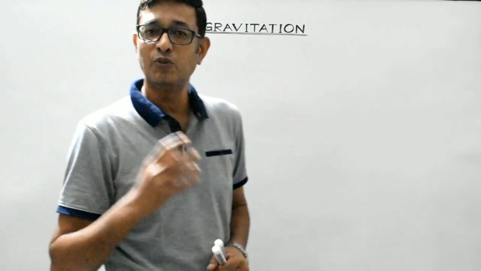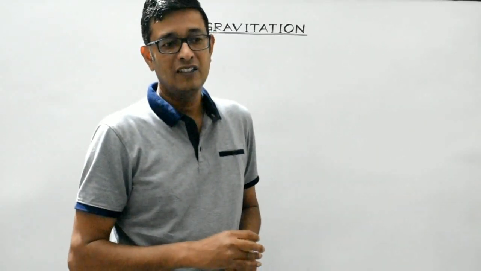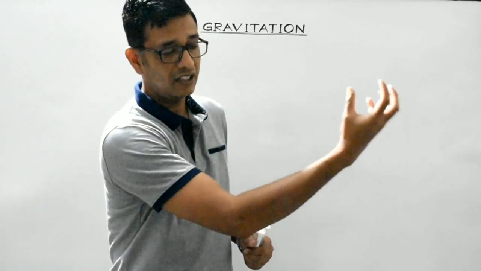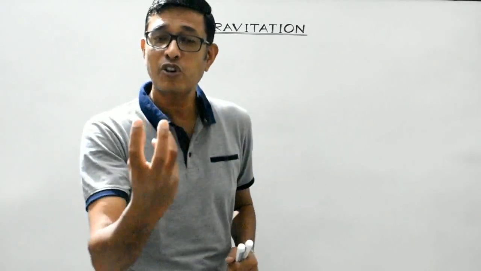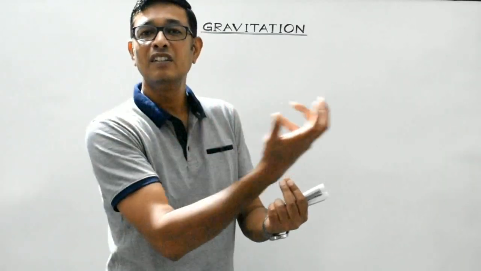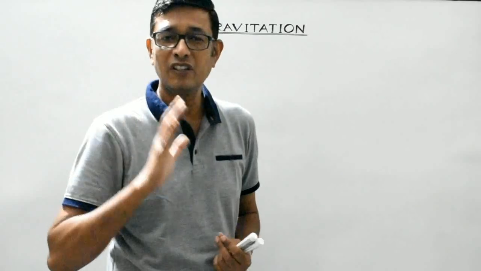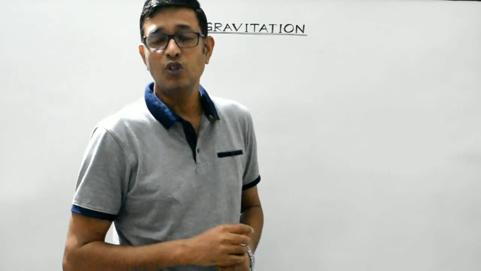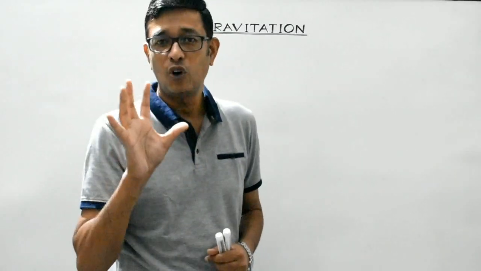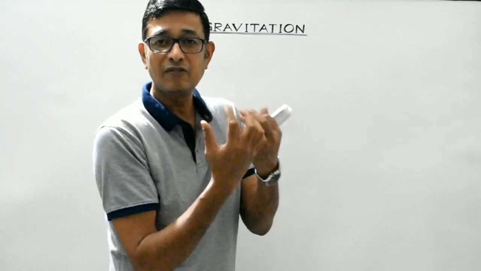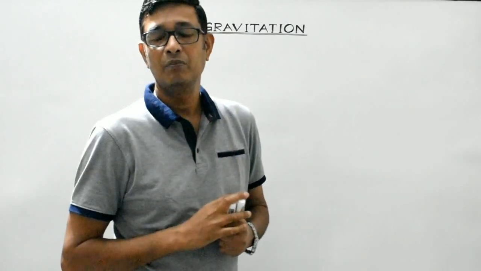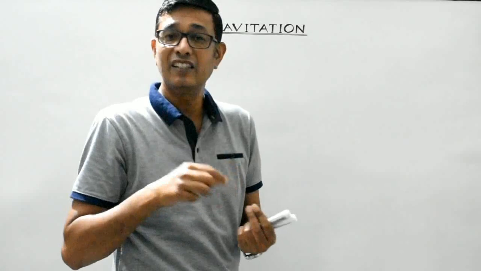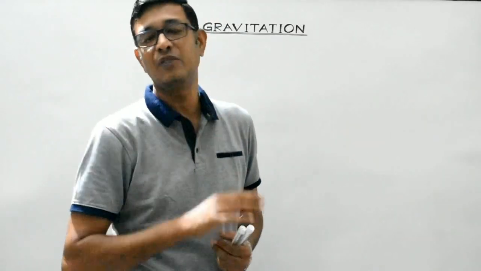There are several other phenomena as well, like the motion of all the planets, including Earth, around the sun, the motion of moon around the Earth, the motion of all the artificial satellites in circular orbit around the Earth. So these objects must be exerting force upon each other. Because students, we know whenever a body is moving along a circular path, it is the case of accelerated motion.